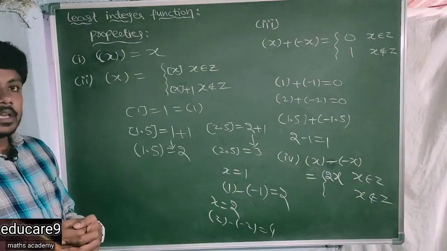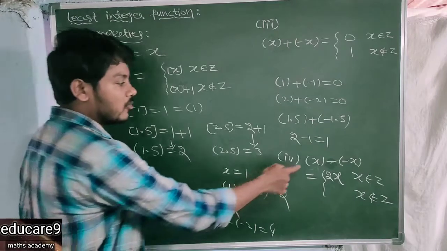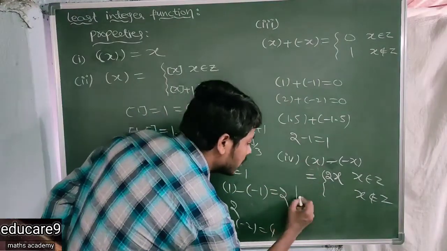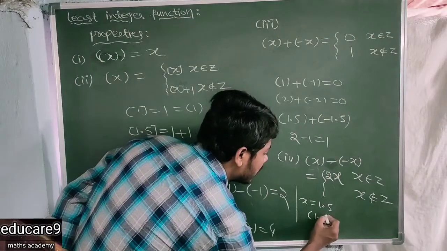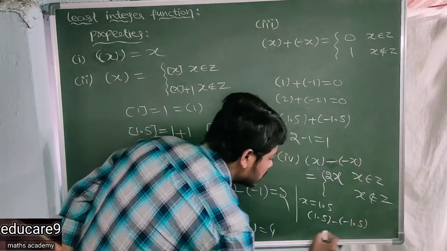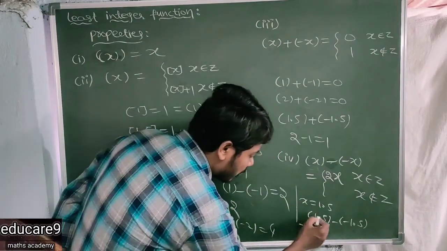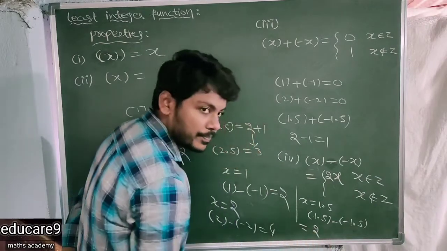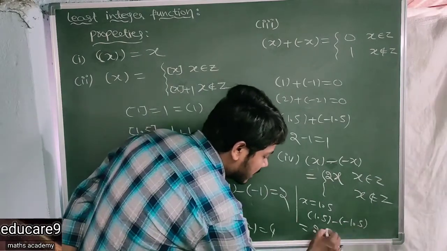If x is not an integer, substitute here 1.5. For example, bracket of 1.5 minus of minus 1.5. So what is this value? Bracket of 1.5 is 2, and bracket of minus 1.5 is minus 1, that is plus 1.